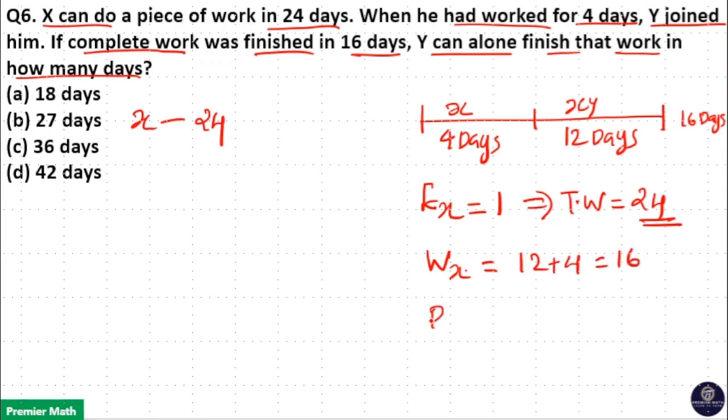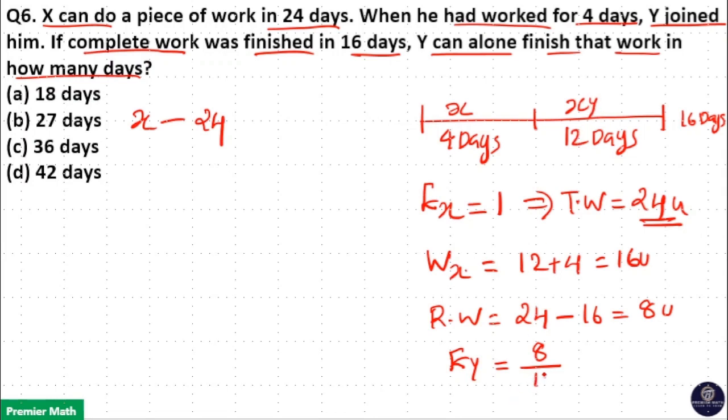Then remaining work is, total work is 24. Work completed by X is 16. So 24 minus 16, 8 unit. Then efficiency of Y will be, remaining work is 8 units. So this 8 unit is completed by Y in 12 days.